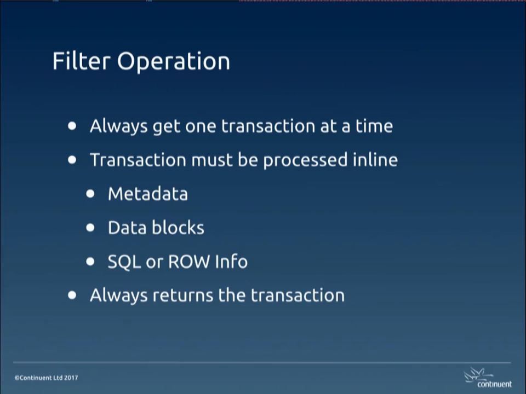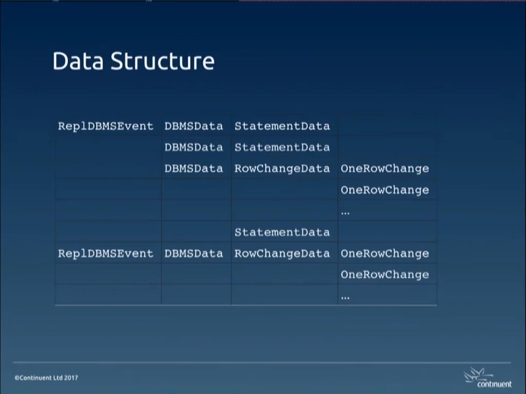And then it's a really, really complicated structure. This is the data structure for what information looks like in a transaction. It's really, really ugly, and I'm sorry, and I'm trying to build code that will make this a bit easier to use. It's actually slightly worse than it looks here, because one row change, which is the lowest item here, so this is row-based data, contains a list of all of the columns of the data.